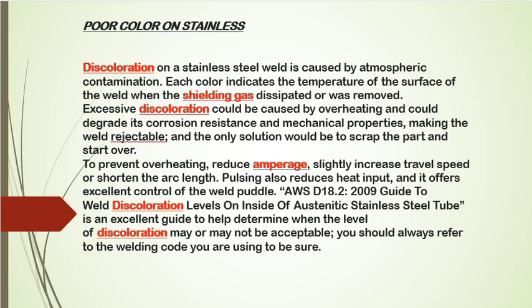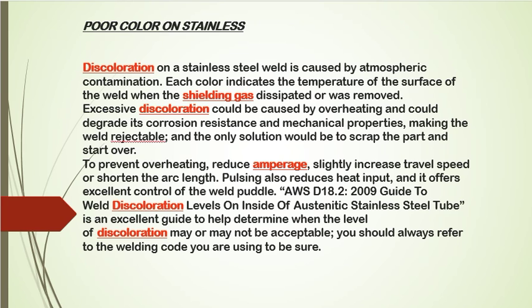So excessive discoloration means the metal will be rejected. The only solution is to scrap the part and start over. We have to make a new one and cut away that scrap.